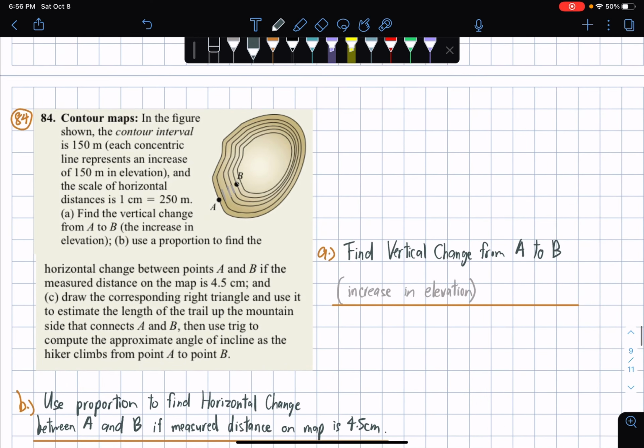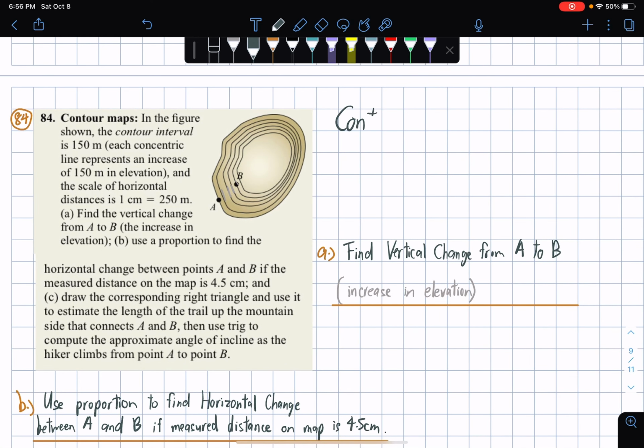Contour maps. In the figure shown, the contour interval is 150 meters. The same note, each concentric line represents an increase of 150 meters in elevation. So 1, 2, 3, 4. We have 4 intervals. One contour interval is 150 meters.